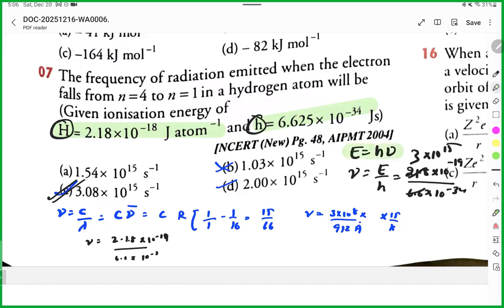Then do direct calculation and don't do exact calculation again. It is approximately 21.8 divided by 6, almost 3, and 10 raised to 15 because all values are given in 15. Now you took 2 minutes and this calculation took not more than 20 seconds, right? Yes. That's why I said key.